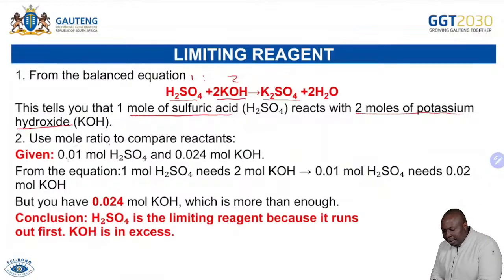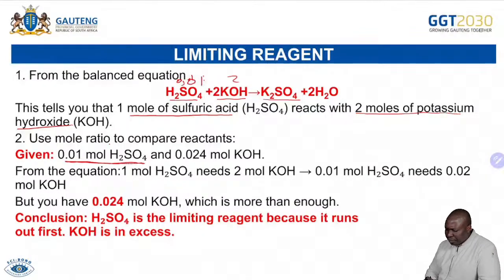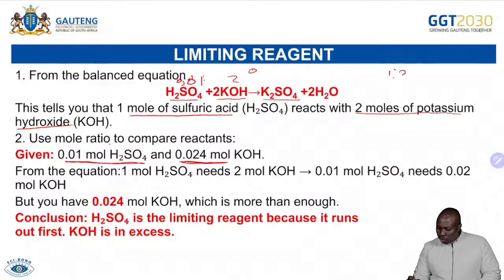If we are given that the number of moles of sulfuric acid is 0.01, and the number of moles of potassium hydroxide is 0.024, from the equation we can see that the mole ratio is 1:2.